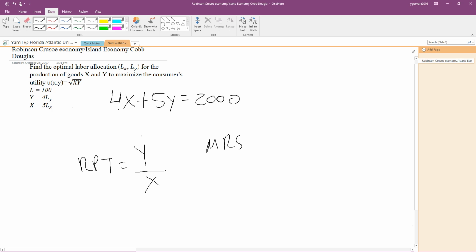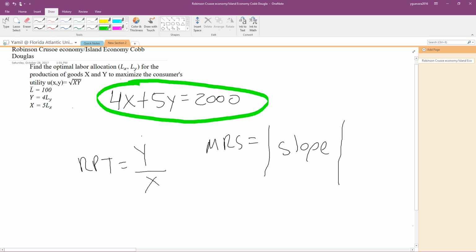The marginal rate of substitution for a linear function is just the absolute value of the slope of the linear function. Let's find that out. What is the slope of this PPF? So this is our PPF, remember? So we're going to find the marginal rate of substitution for our PPF.